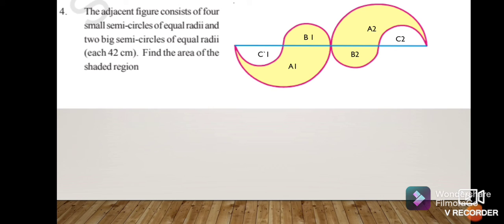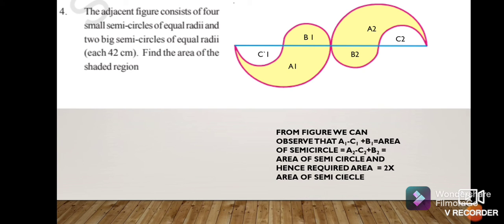But the big semicircles have equal radii, 42 and 42. Okay. So first of all, from the figure we can observe that it is A1 minus C1 plus B1. That means here C1 is unshaded. That's why, to get the A1 shaded region, you have to subtract the C1.